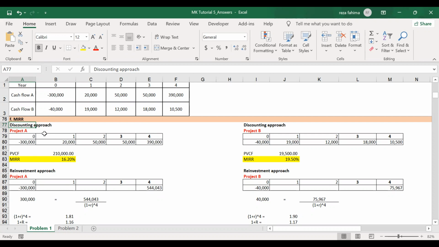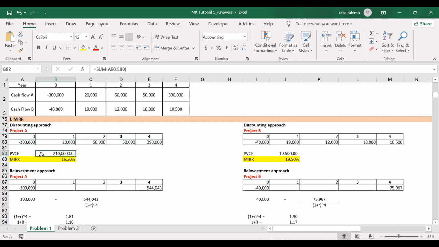But in this case, we don't have any negative cash flows from year 1 until year 4. It means that we can use these cash flows to calculate our PVCF. So we just need to sum all of these cash flows and we get our PVCF.